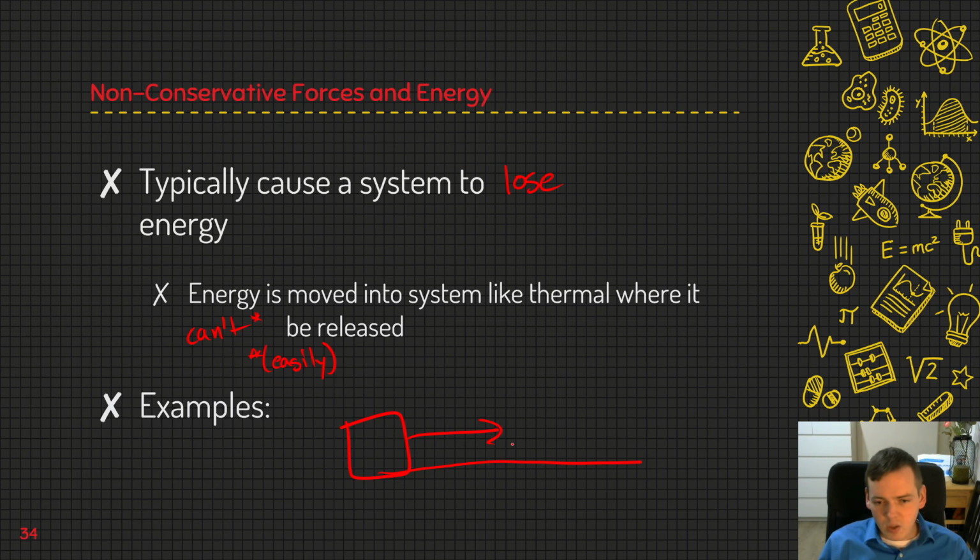It's not like you can get it moving the other way and have it release that and speed back up. Instead, if you shove it the other direction, you're just going to have it lose more energy to thermal energy. So the main example here that you're going to see is friction. And this is why we say that energy is lost as heat. You can also see it with some other things, but friction is the main one.